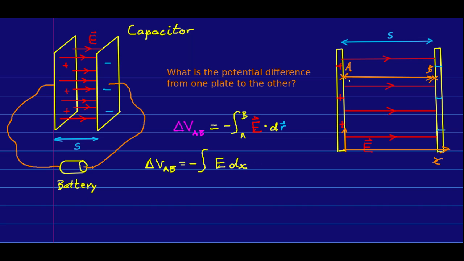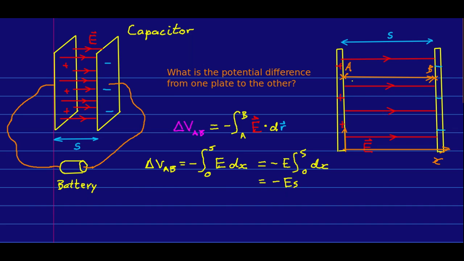And so I'm now integrating with respect to x, and I'm going to do it from 0 to s. And that's going to be very easy because this E field magnitude here is a constant, and so it just pulls out front. And so I have one of the easiest integrals in the world. And so we see that the potential difference across the plates is proportional to the E field.